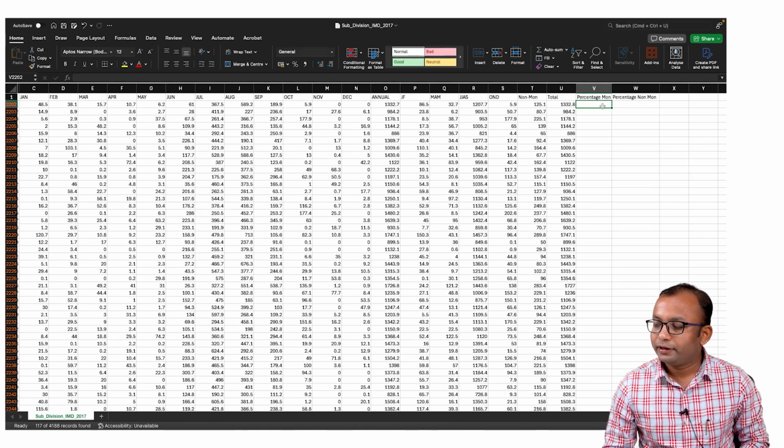So, now I have created two different columns, called percentage monsoon rainfall and percentage non-monsoon rainfall.